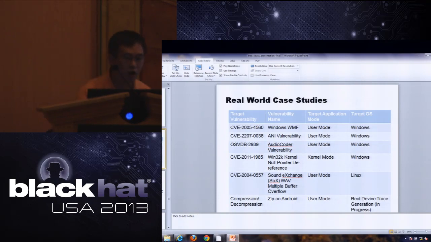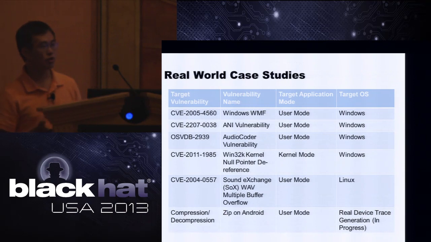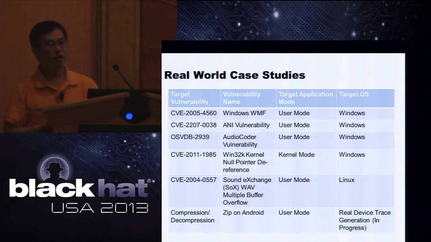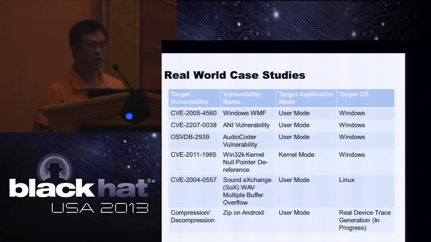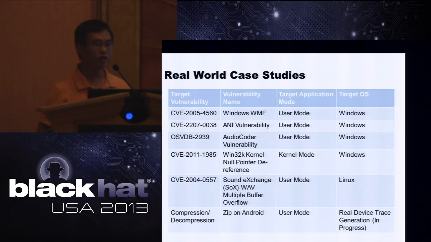So here we showed you simple running examples to show you the concept and approach and how it works. We did a few real-world case studies from different platforms and different types of applications, including the Windows platform where we have the WMF and ANI classic vulnerabilities.